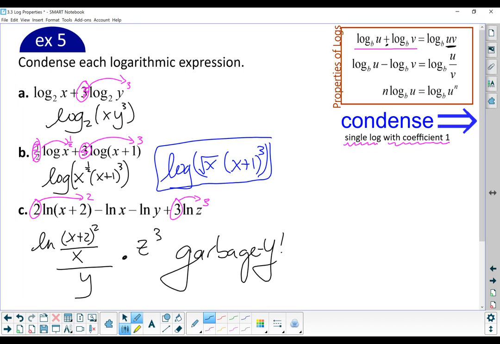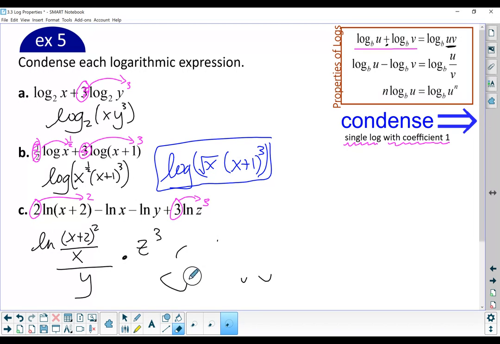And that's a technical term, very garbagey. So what I would say is don't get into this weird complex fraction world. It looks terrible and it's hard to simplify, it's hard to deal with.